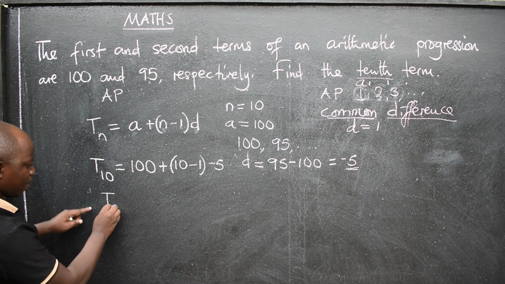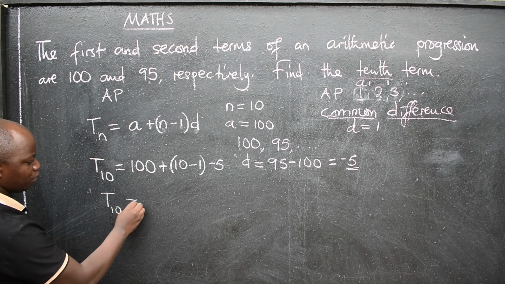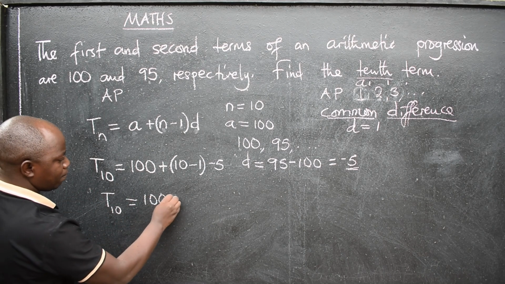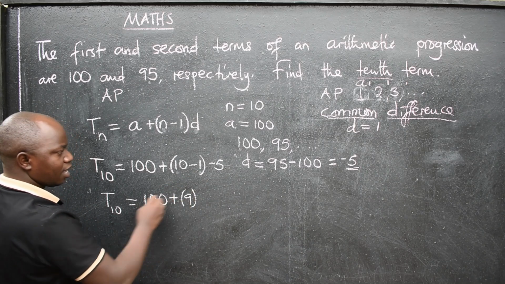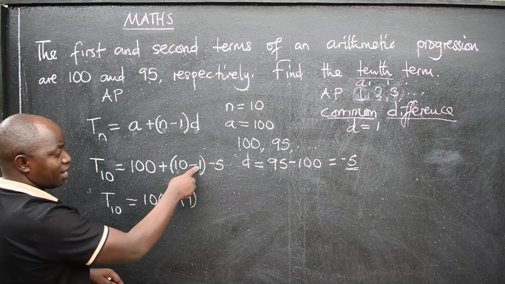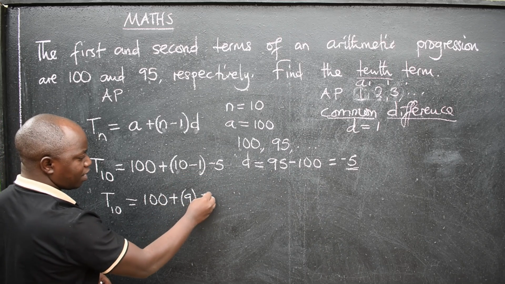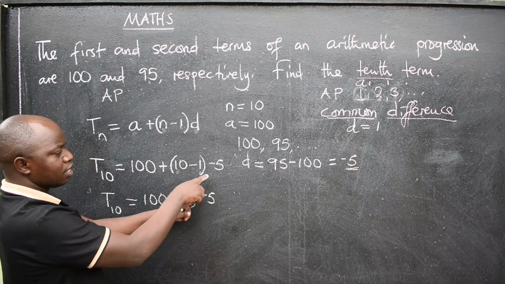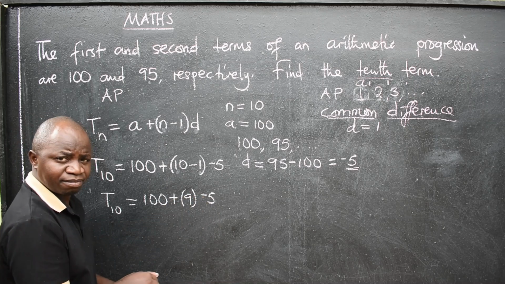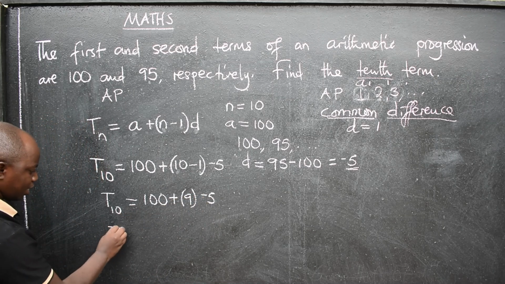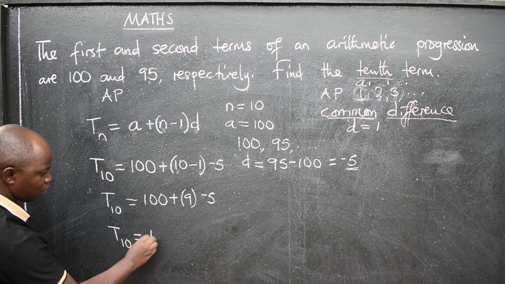We are going to say our 10th term will be equal to 100 plus, what is the answer here? 9. 10 minus 1 is 9. Then we have negative 5. This is not minus 5, that is negative 5. Then our 10th term will be equal to 100.